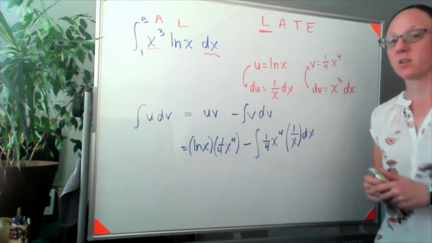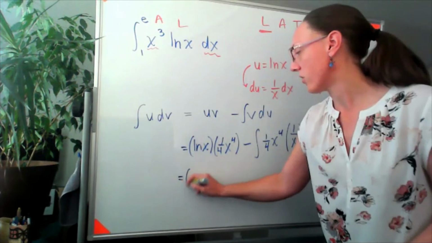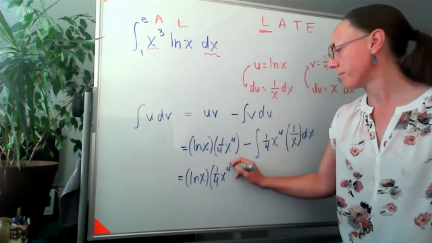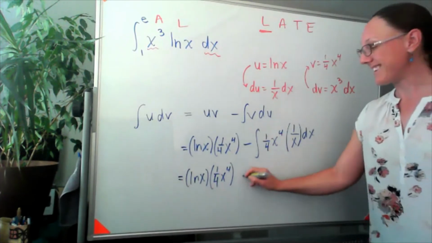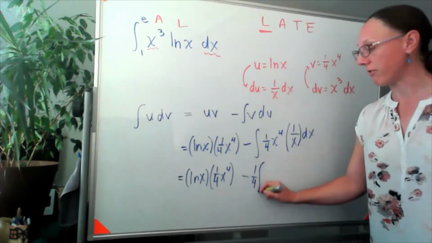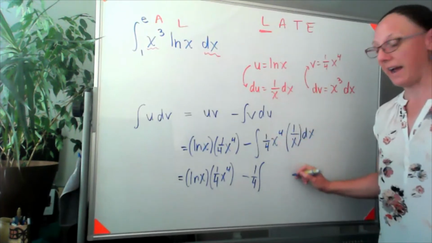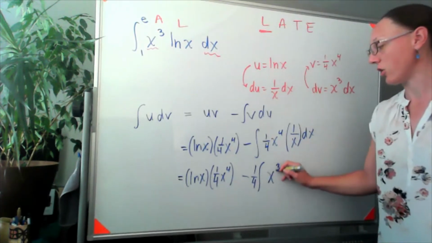So in this case, simplifying that is going to look like there's nothing we can do to that part out front. But here I can take that 1/4 and bring it in front of the integral. And x to the 4th times 1 over x is going to make this x cubed.